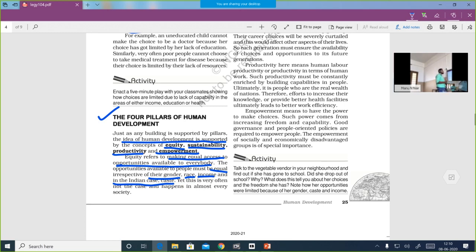See, equity means equality. Equality means the opportunities and access to all the resources should be equal to everyone in the society. There should not be any discrimination. And discrimination can be on the basis of gender, race, income, and in the Indian context, it can be caste.